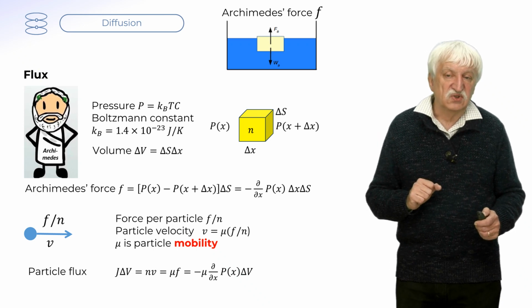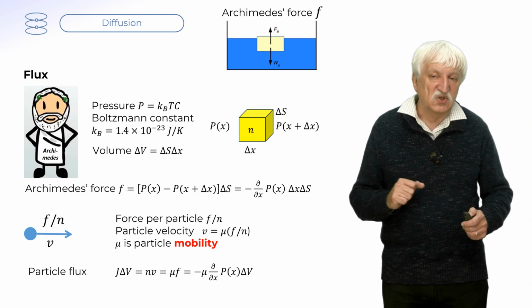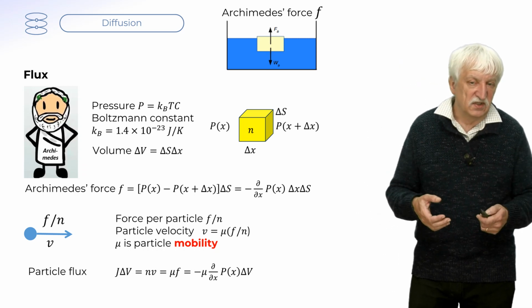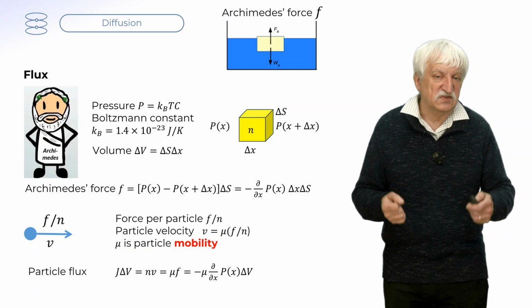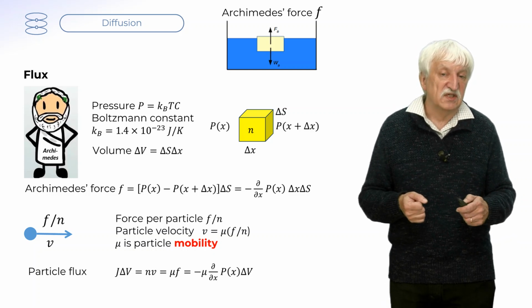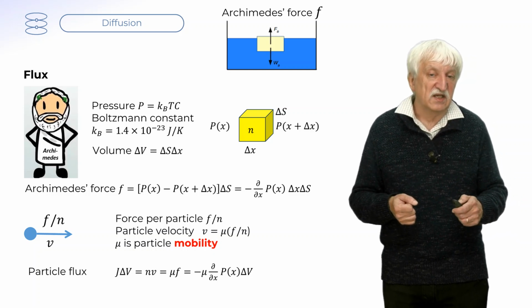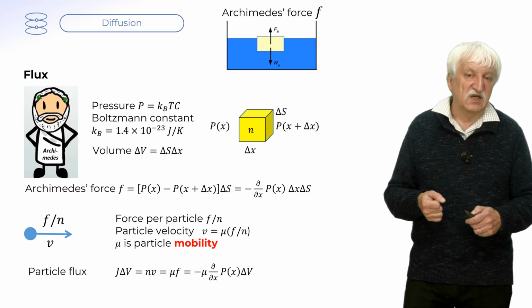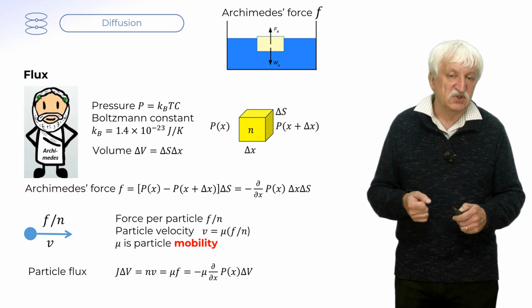And so in the whole, on the body acts the Archimedes force, which is the difference of this pressure times the area delta S, the transverse area in this picture.